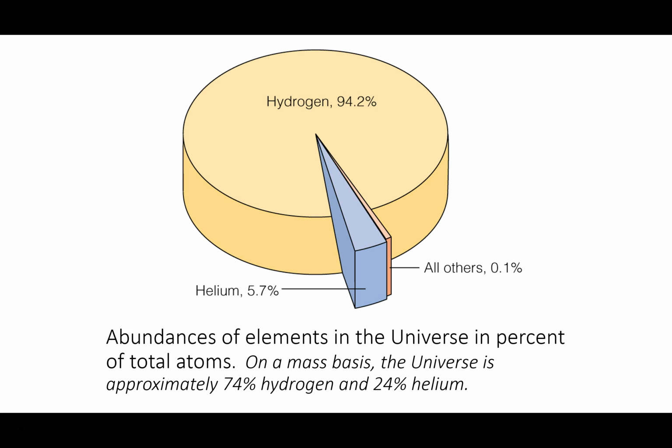Pie chart time. So of all these lovely elements, this is the distribution of elements in the universe. Now this is not by weight, but this is total atoms. So what do you think? A lot of hydrogen in the universe, followed by helium, and then all others. So we're a carbon-based life form.